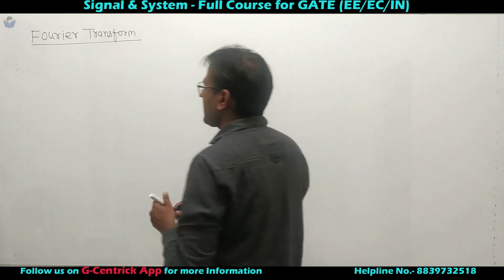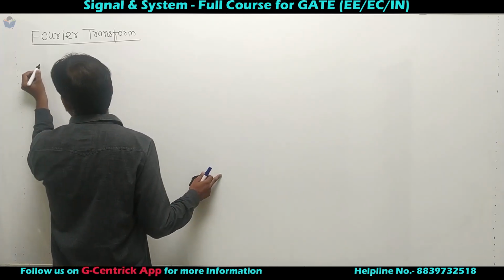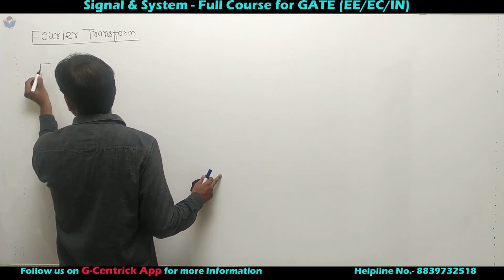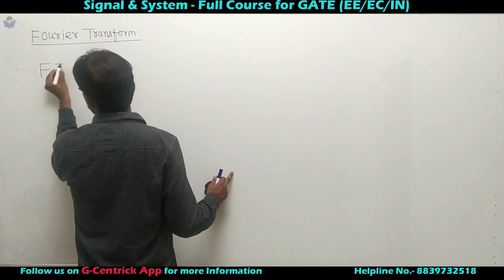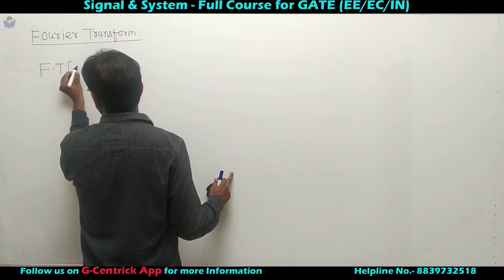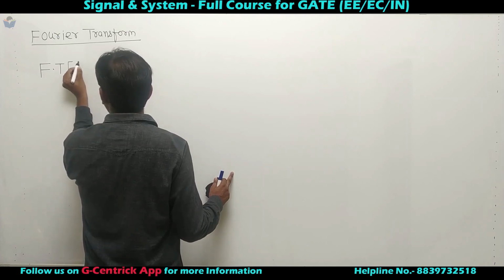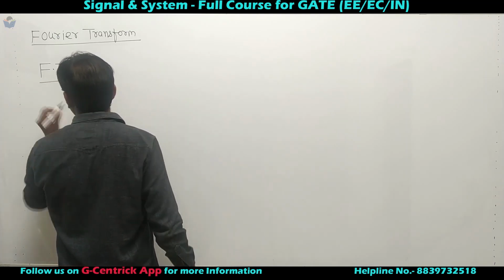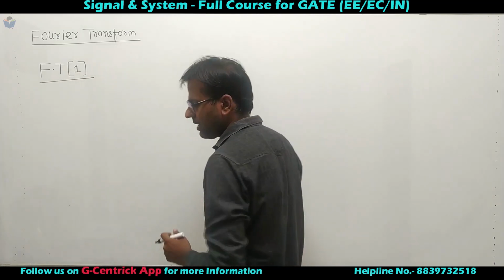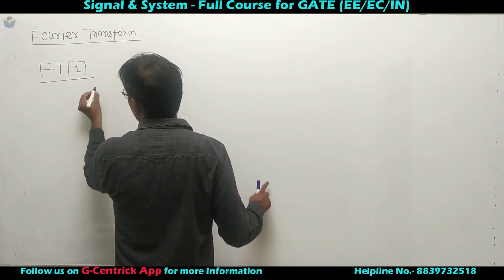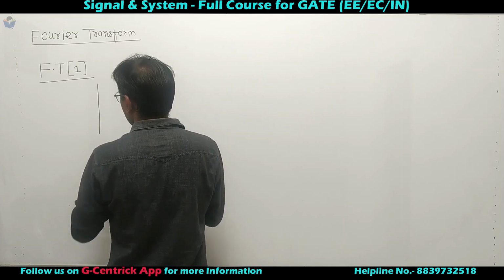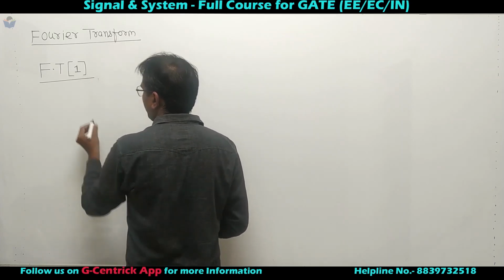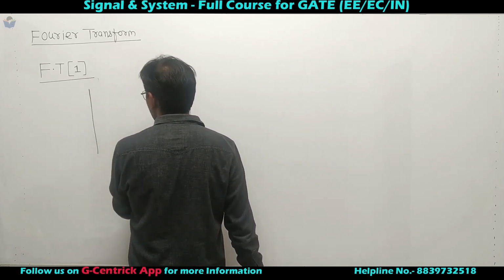So the next Fourier transform is the Fourier transform of 1, the Fourier transform of a constant number. But we don't know the point where this signal jumps from 0 to 1.